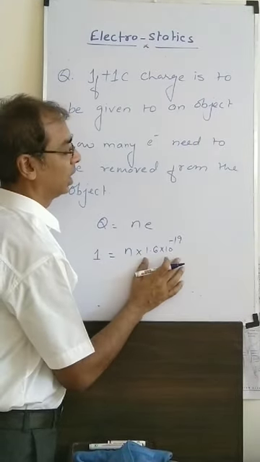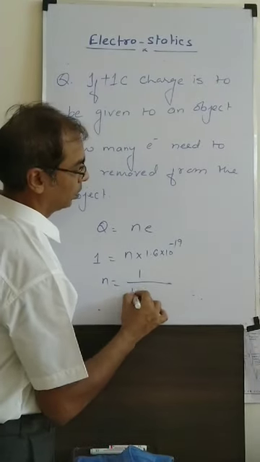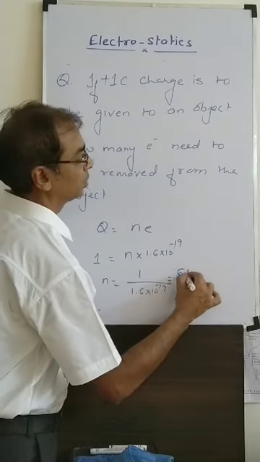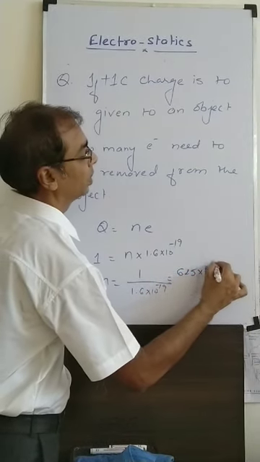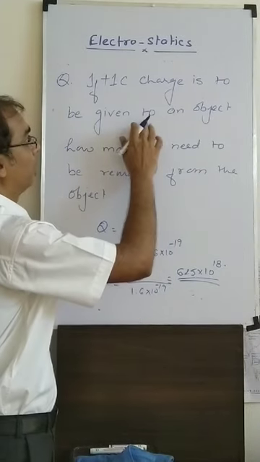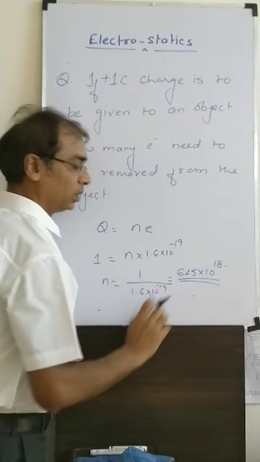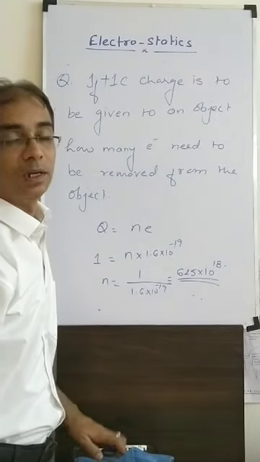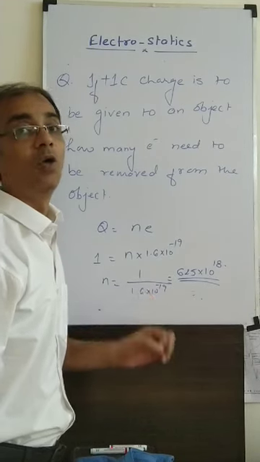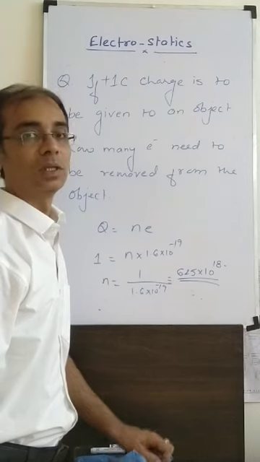Just put the charge on electron. So what's coming? N equal to 1 by 1.6 into 10 to the power minus 19. That will be 6.25 into 10 to the power 18 electrons. So to charge one object with just 1 coulomb, how many electrons have to be removed? 6.25 into 10 to the power 18 electrons. So you can think of any object as having how many electrons. Okay, so that's all for today.